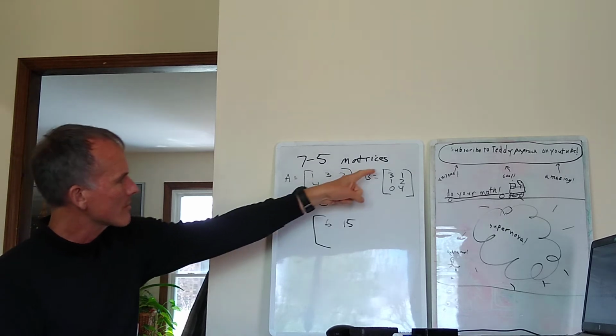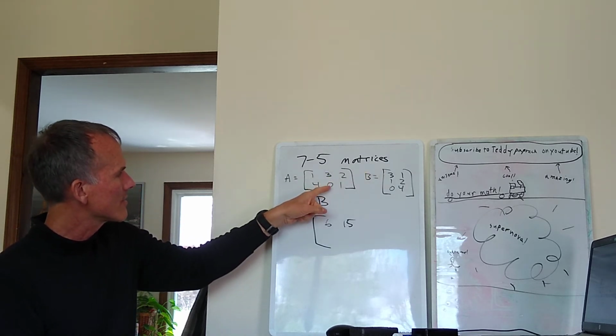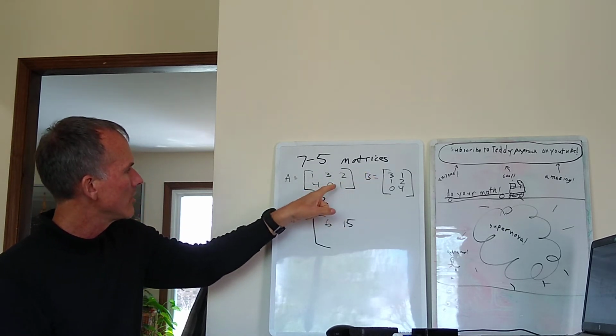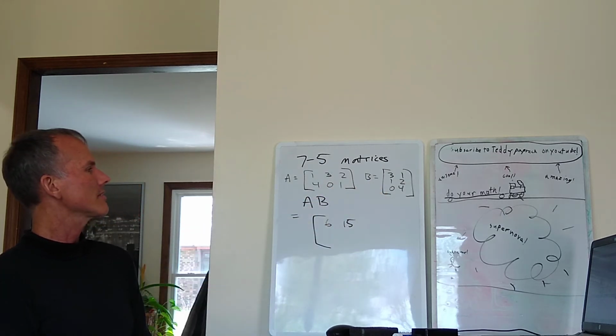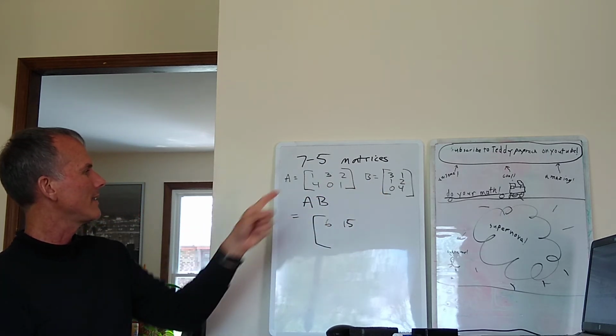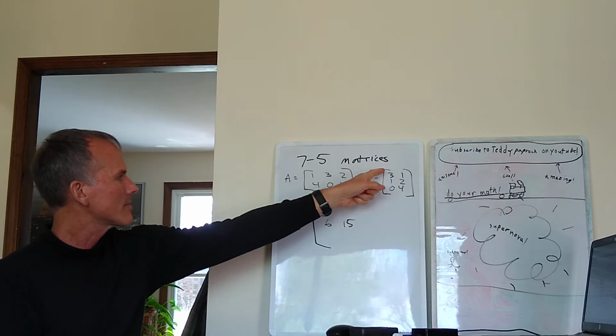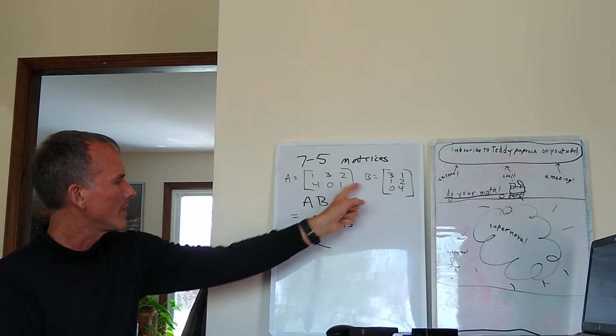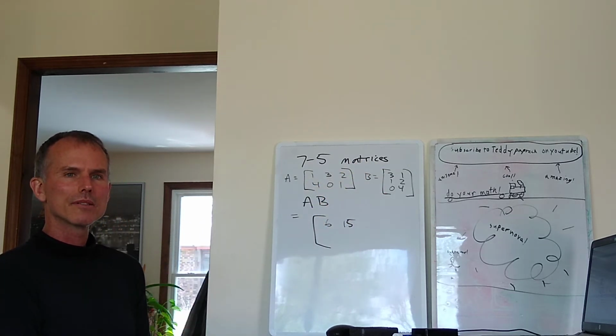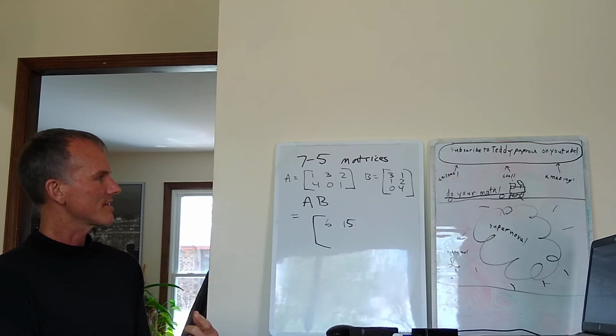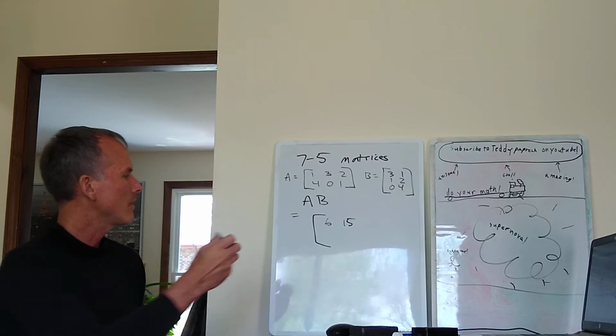So I'll get 4 times 3 plus 0 times 1 plus 1 times 0. So it looks like I have 12 that results from the 4 times 3. And then the 0 times 1 and the 1 times 0 both become 0. So I've got 12 plus 0 plus 0 makes 12.